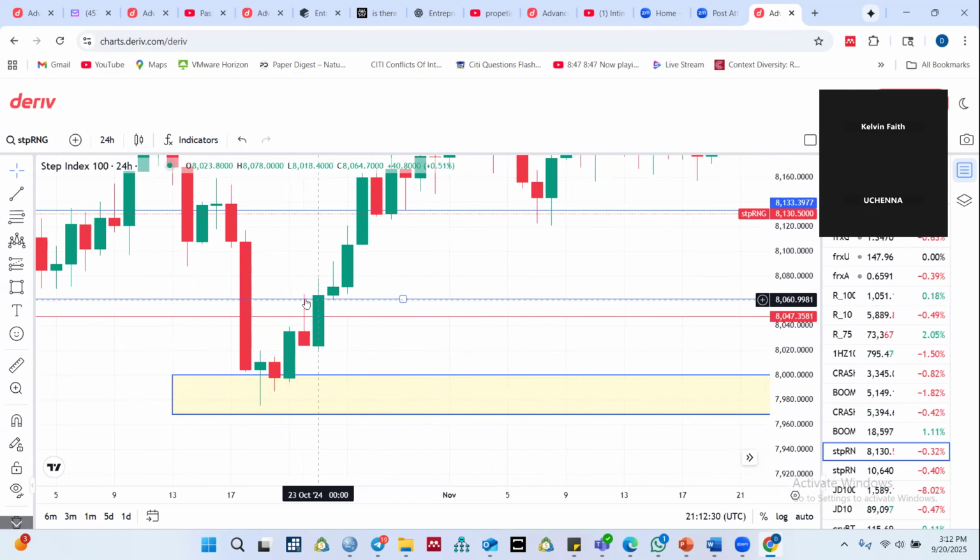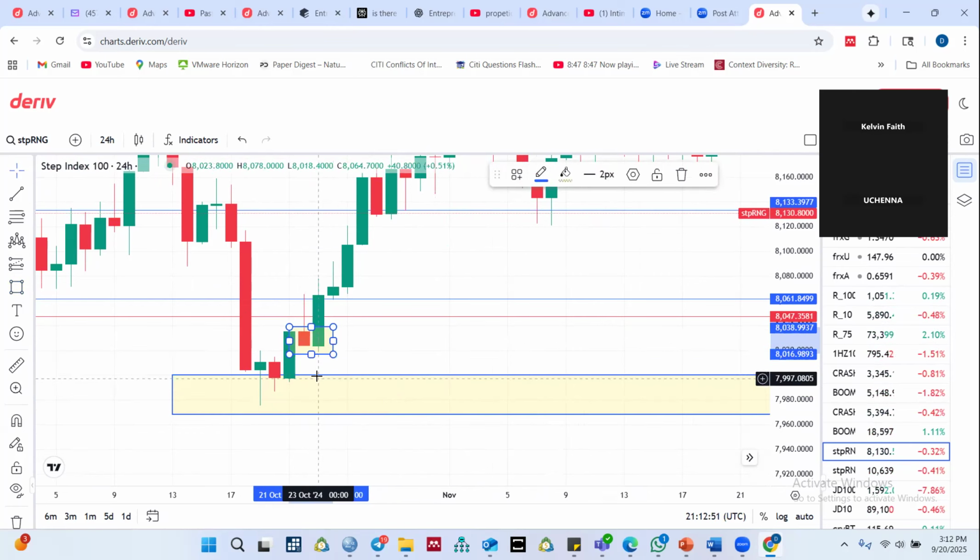So the blue line is more effective here, but below the red line, I can say we will sell. Because when it rejected from the blue line, this bearish candle came to close with its body below the red line. So from there I know we will sell.